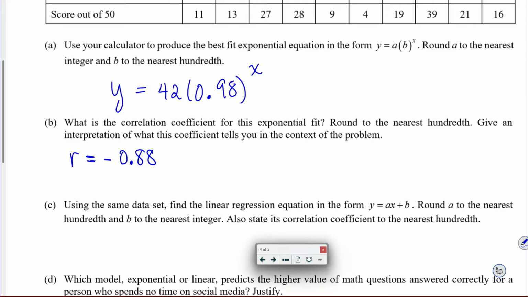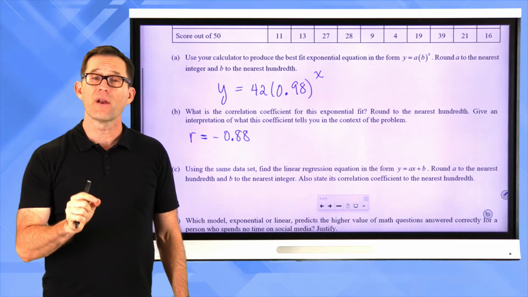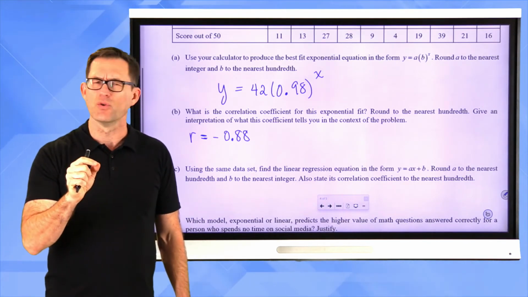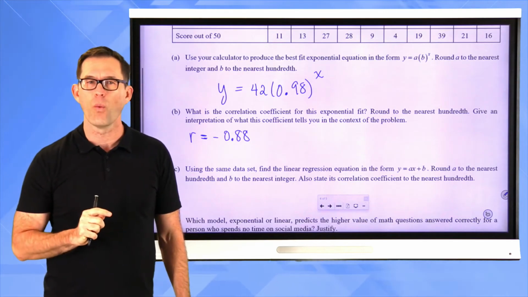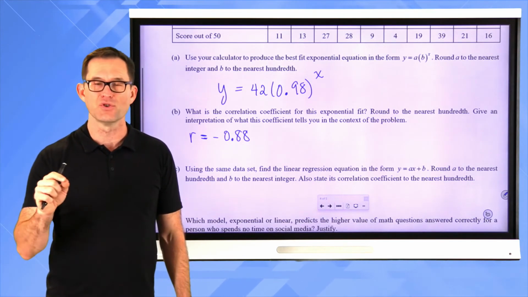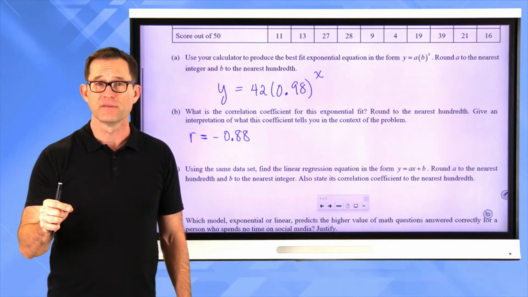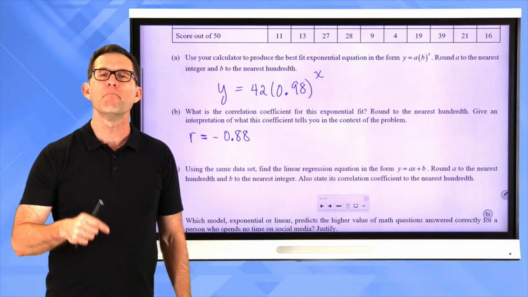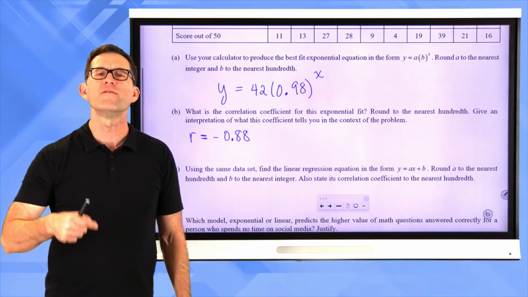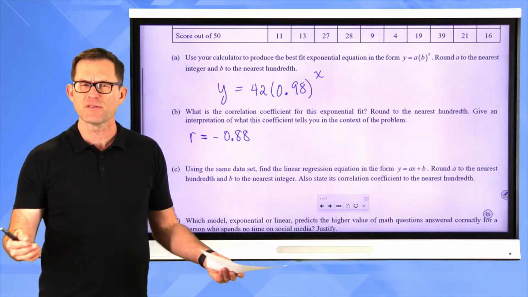And what that tells me is kind of two things. One, the fact that R is negative, and two, the fact that R is fairly close to, but not really close to, negative 1. So the first thing I know is that there's a negative association between time spent and the score on the math test, and it's fairly strong. It's not really strong, but it's fairly strong.